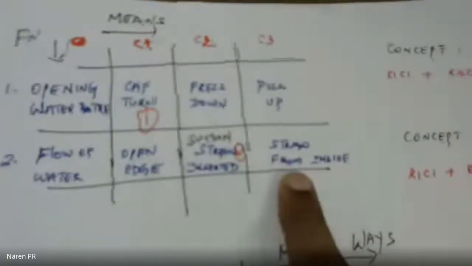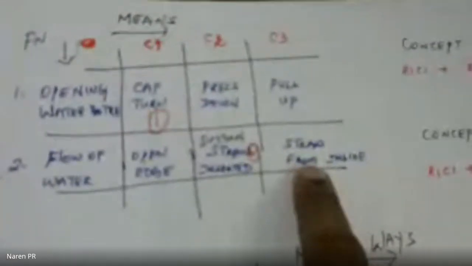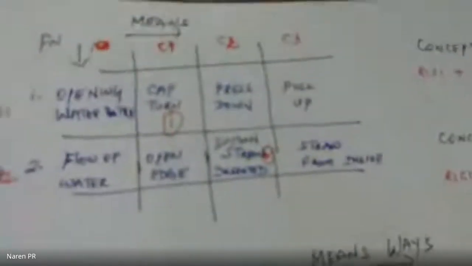Similarly, for example, if you say I will turn the cap, or I will press down, can you press down the cap and have a straw from inside? If you press down the cap and have a straw from inside, then here you are making an assumption that the straw should project out when you press down the cap. So this should have been there in your consideration. Or when you press down, how are you going to insert the straw?